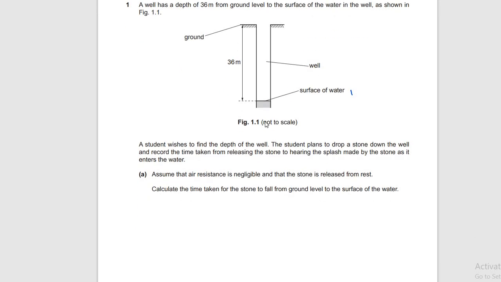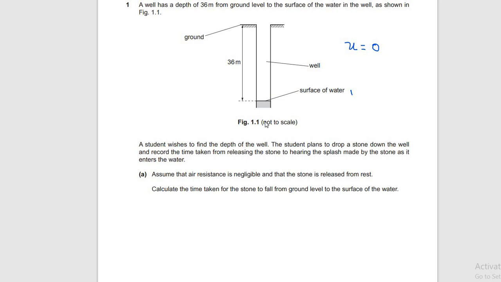Assume the air resistance is negligible and the stone is released from rest. That's the first keyword. The stone is released from rest, so the initial velocity of the stone is 0. It wasn't thrown with any form of velocity. The word release means the initial velocity is 0.